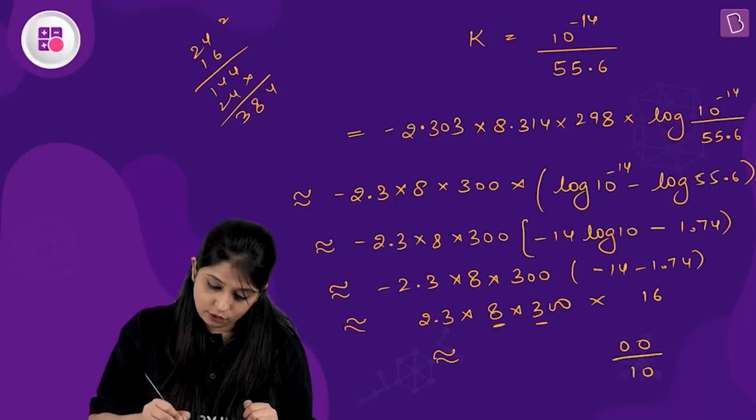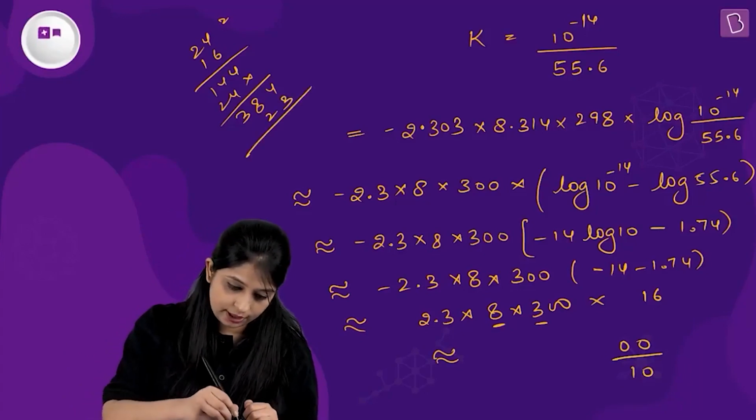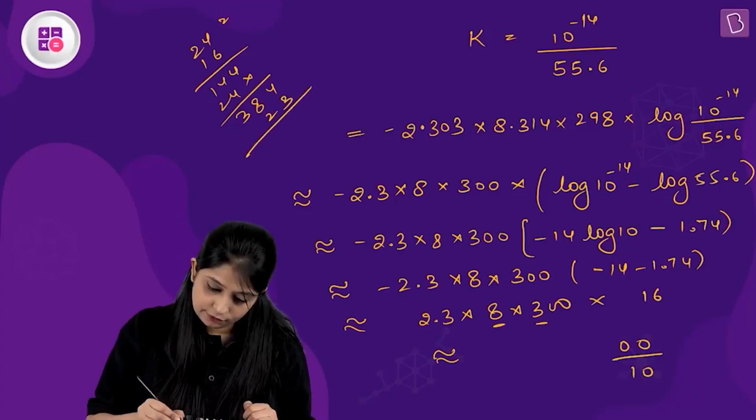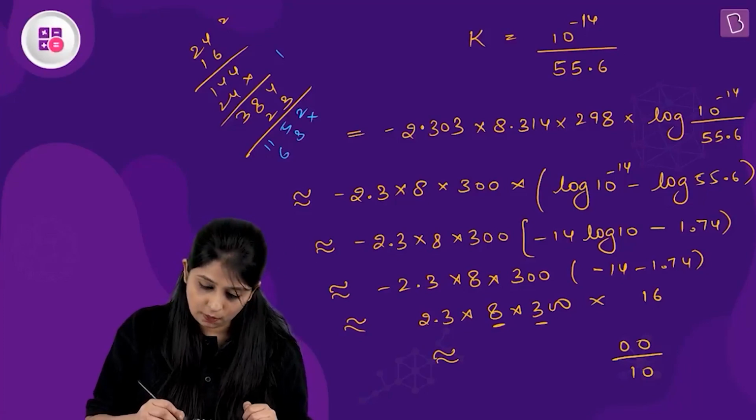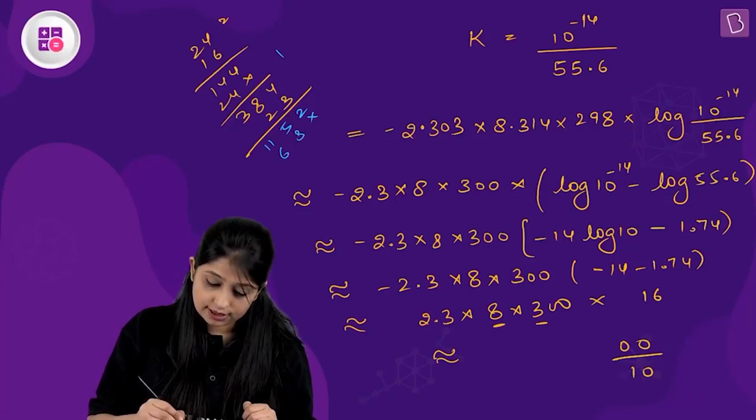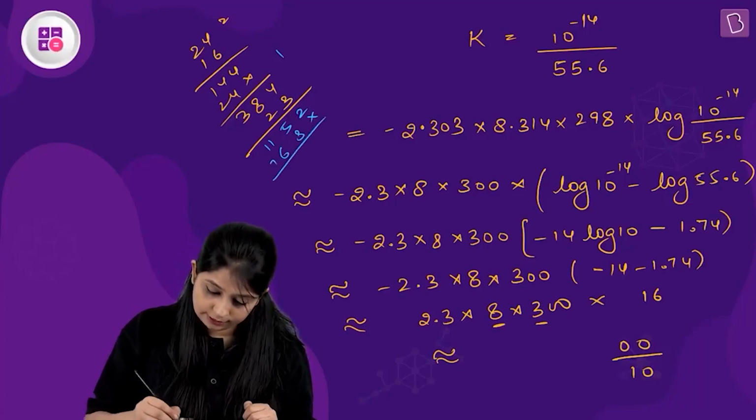So 384 into 23. 3 4s are 12, 3 8s are 24, 25, 3 3s are 9, 11. 2 4s are 8, 2 8s are 16, 1, 2 3s are 6, 7. So this comes out to be what?